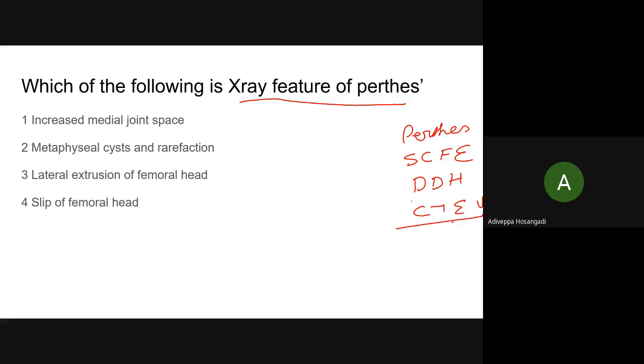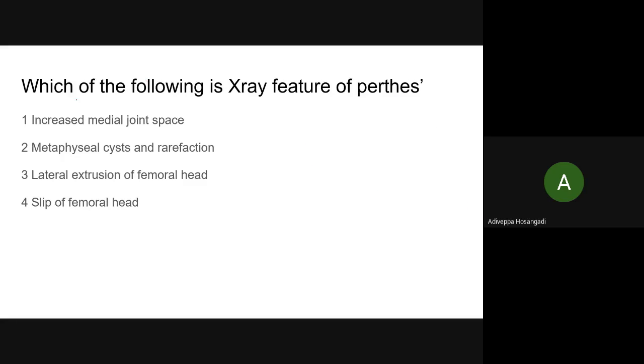We are dealing with only these four major pediatric orthopedic disorders. So, which of the following is an X-ray feature of Perthes disease? Increased medial joint space, metaphyseal cysts and rarefaction, lateral extrusion of femoral head, slipped femoral head.